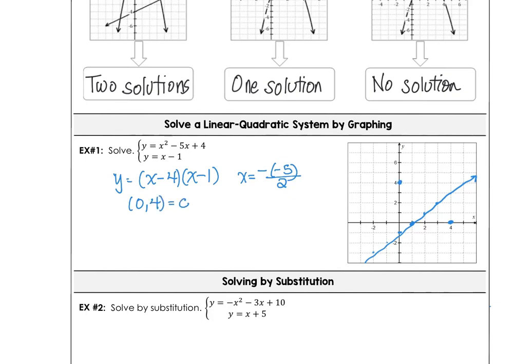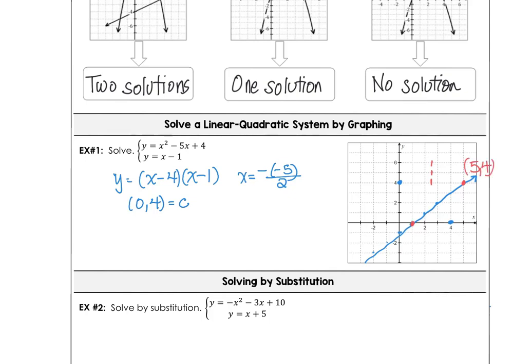So if our axis of symmetry is at 2.5, and we're 2.5 away over here, then we need to be 2.5 away to the right, which puts us on top of the line at the ordered pair 5, 4.